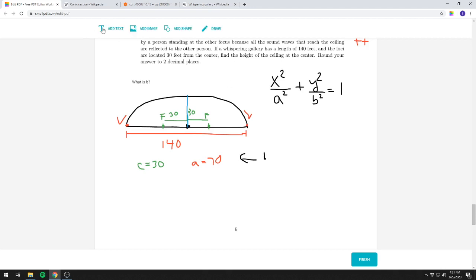I was about to write it simplified, but we have c squared equals a squared minus b squared. Plug in our c and our a. c is 30, a is 70.